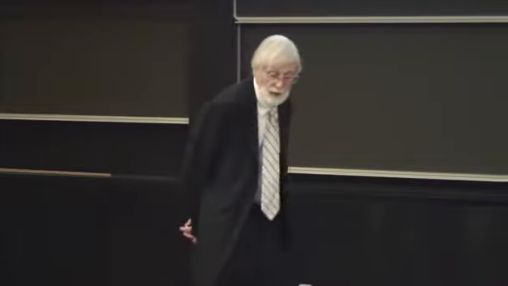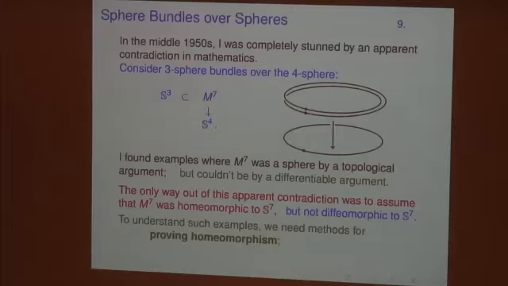So I want to get more technical for a little while, describing how one understands such an example. First thing we need is a method for proving that a homeomorphism exists. But we also need a method for proving that a diffeomorphism cannot exist.